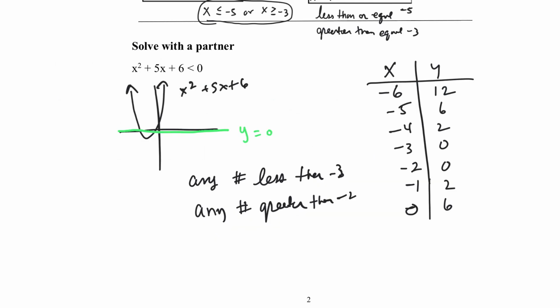So when I graphed this, I came up with the table. And remember that we want the values that are going to give me less than 0. Well, anything that is less than -3 gives me above 0. Anything above -2 gives me values that are greater than 0.